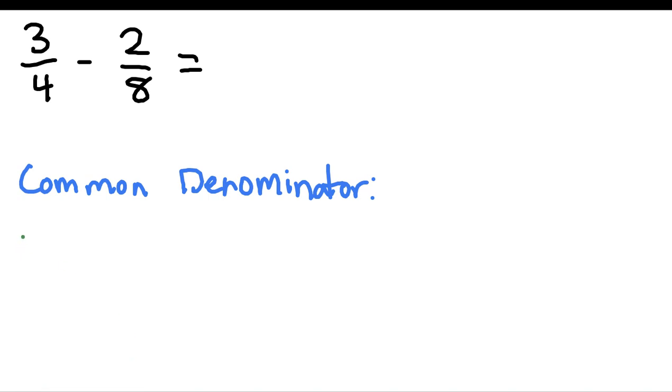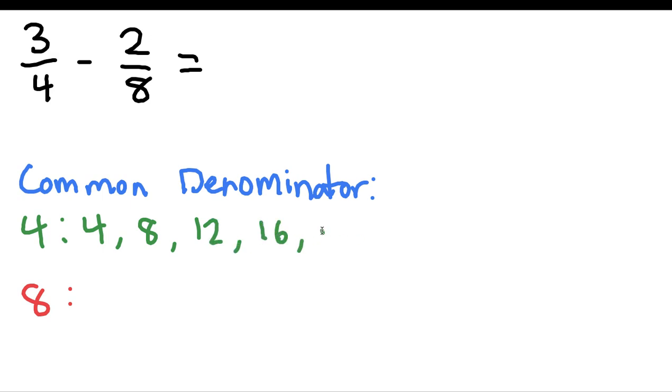We've got 4, and we've got 8. So let's go with 4. We get 4, 8, 12, 16, 20, 24. And for 8, we get 8, 16, 24.